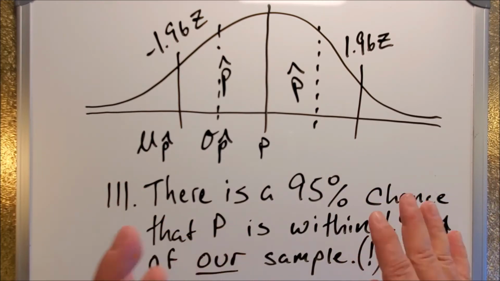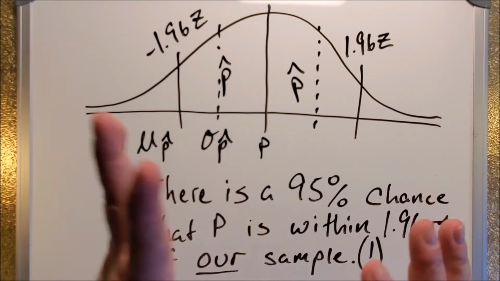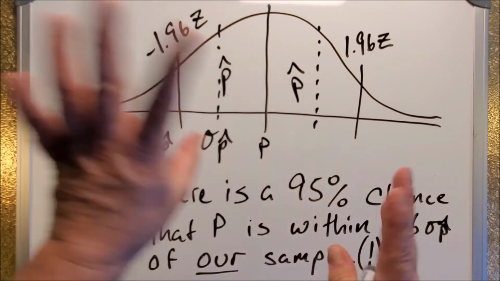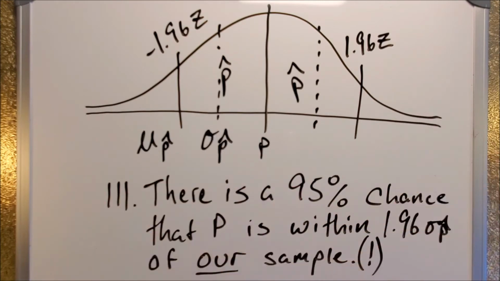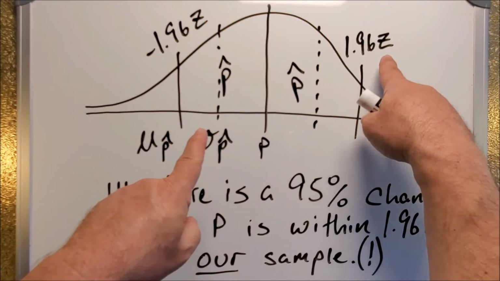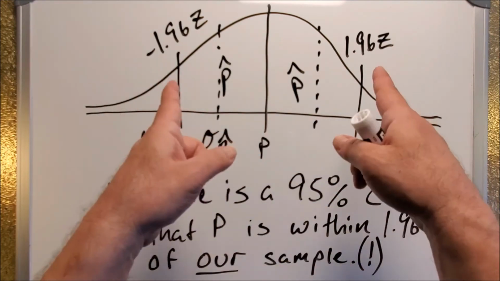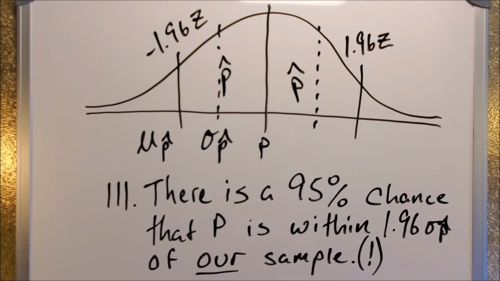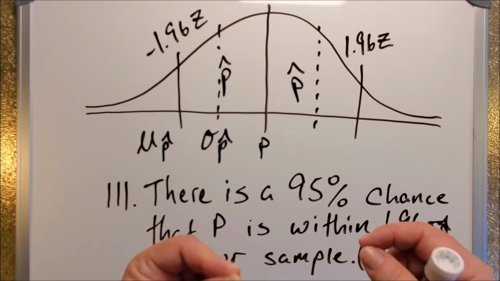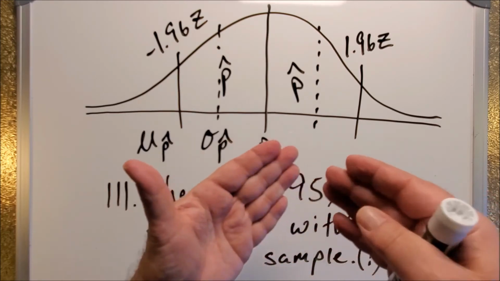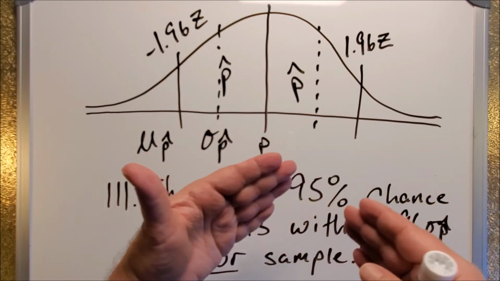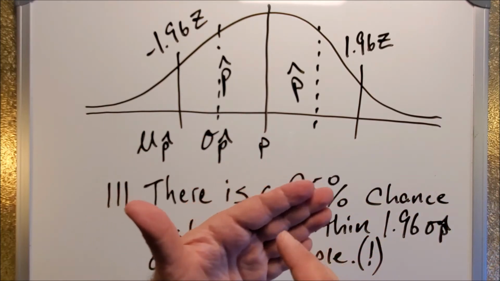Our sample might have been completely wacky, total whack job by accident, totally way off, but that's in the other 5%. Utilizing these figures, 1.96 standard errors going up and down, we can actually state that the true population proportion is within 1.96 standard errors of whatever it is that we got for our single lowly, humble sample.